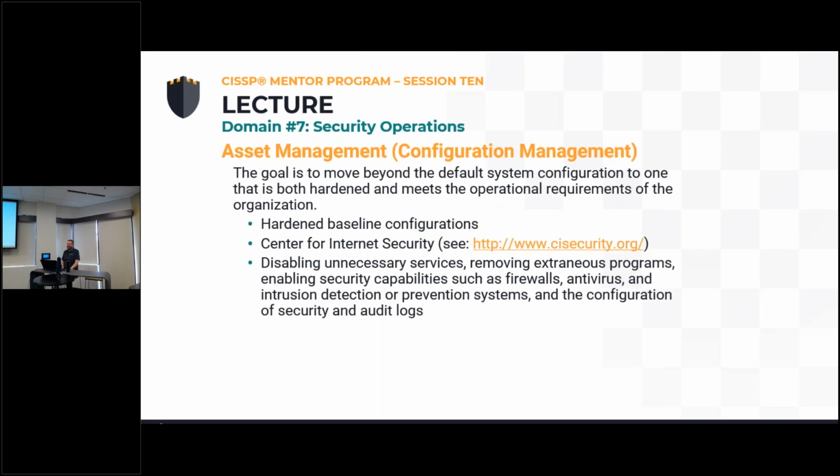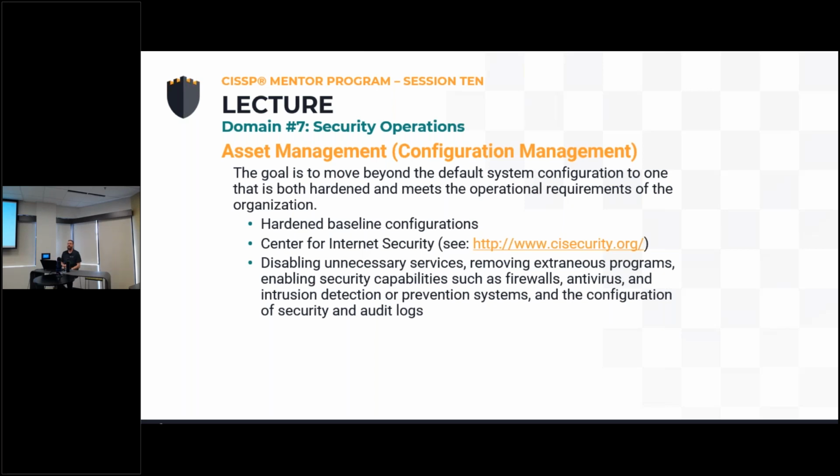All right, so asset management and configuration management. Ideally, beyond default system configuration, we want to have a hardened standard, hardened baseline. You can look at the CIS, Center for Internet Security, which has a lot of really good hardening standards. But really when you're looking at this, it is the concept, right? We're going to disable unnecessary services.